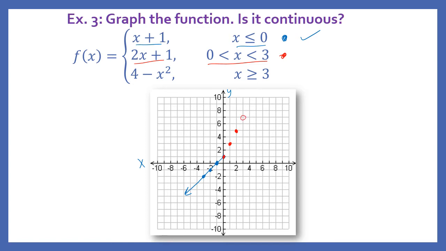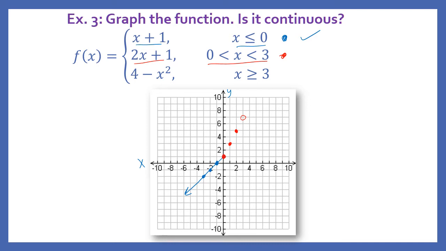Now, if we backtrack a bit, if you're wondering why I didn't put an open dot at the 0, really I could have, and it just would have been an open dot here, but it would have been filled in by the blue dot. Again, I'm just color coding it, but realistically, if a dot or a point is already filled in, if you put an open dot around a closed dot, it just is a closed dot.